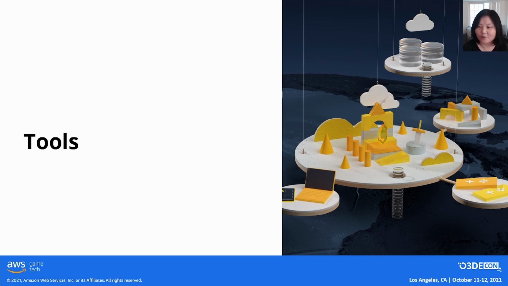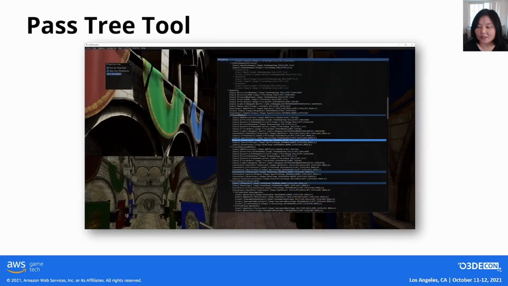Atom provides some tools which could help debug your renderer. Most of the tools are backed up by RPI. Today I will go over these tools. The pass tree tool shows all the passes in the pass system and all the attachments of each pass.